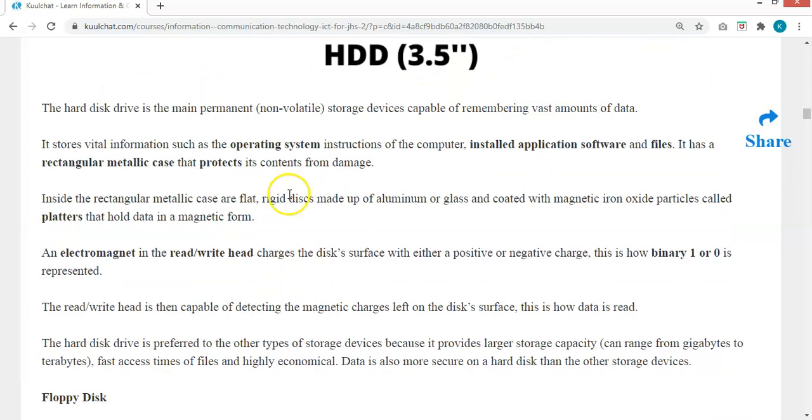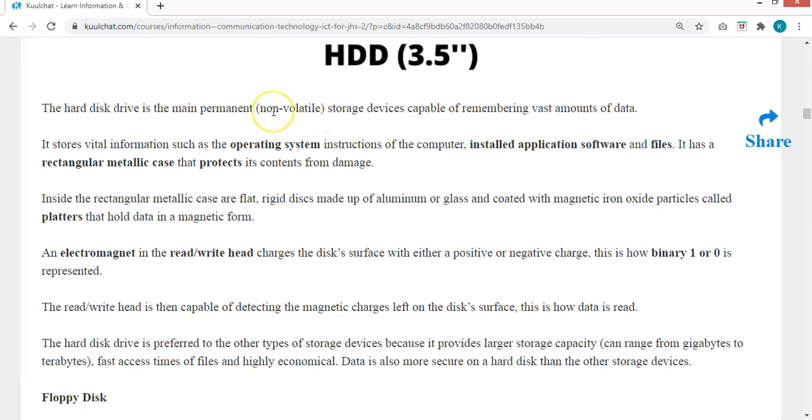So the hard disk drive is the main permanent non-volatile storage device capable of remembering vast amounts of data. Now, we have volatile and non-volatile. Non-volatile ones are the ones that, when the computer shuts down or the power is turned off, don't lose the data stored there. Those are called non-volatile.